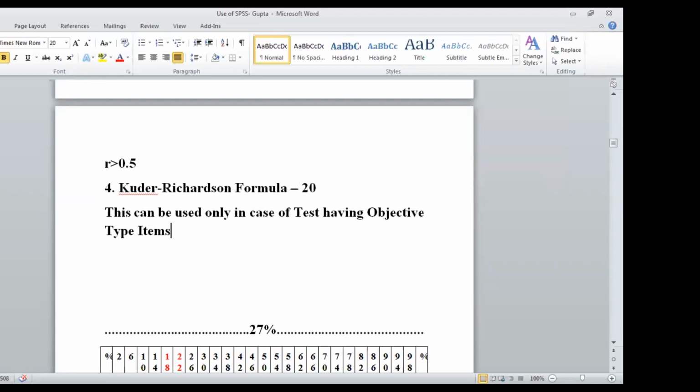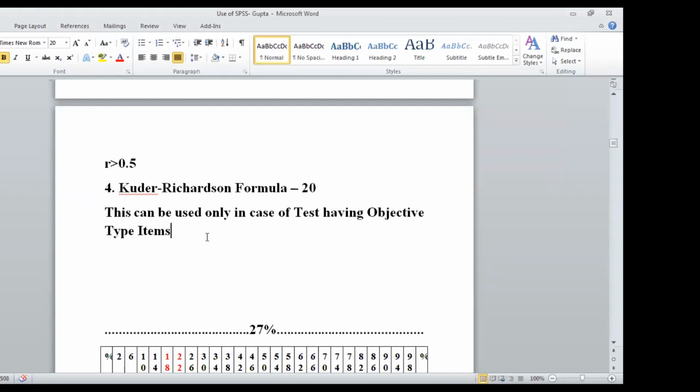Why? Because if your items are not objective type, if it is essay type, then you cannot say whether your answer is completely correct or completely incorrect. So therefore, it is not possible.